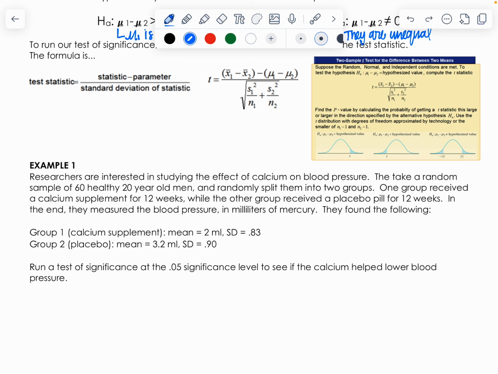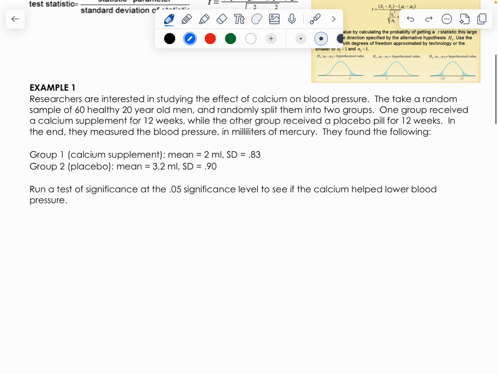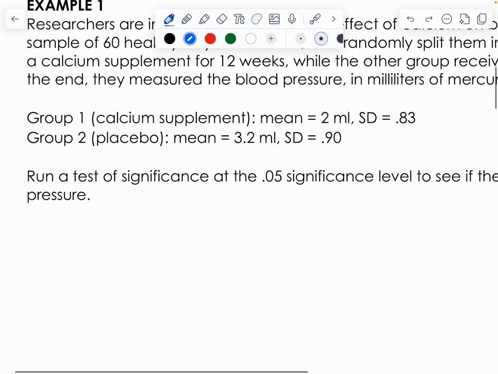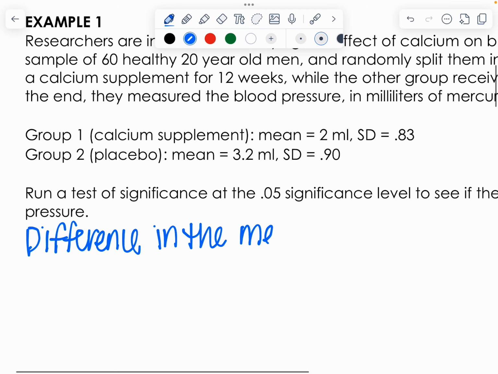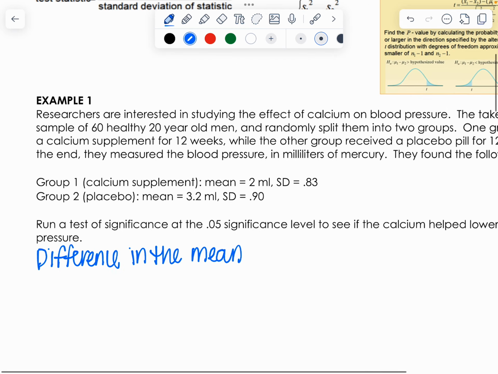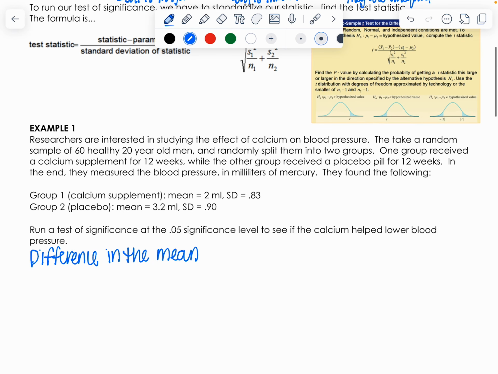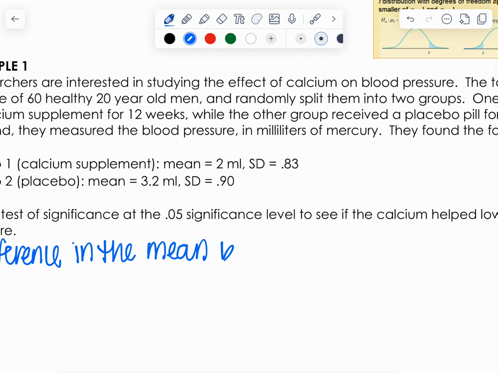Okay, so now we're going to run our test of significance. So we are looking at the difference in the mean blood pressure for each group.